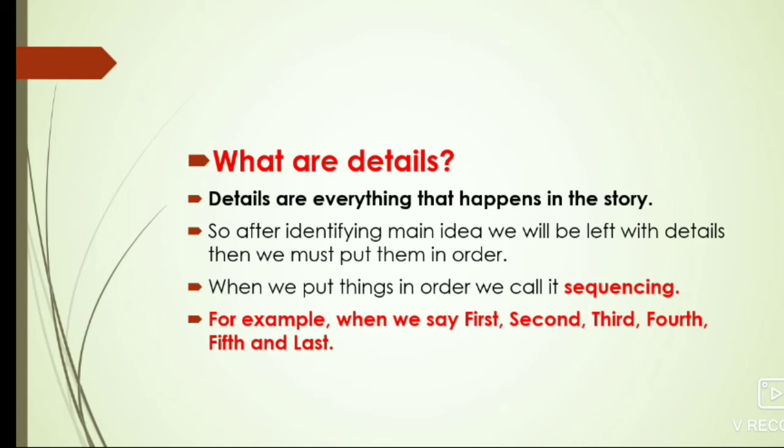Then we must put them in order. Okay? So out of the 5 sentences, we are going to identify the main idea and then we will be left with 4 details. Okay? And then in those 4 details, we are going to put them in order.